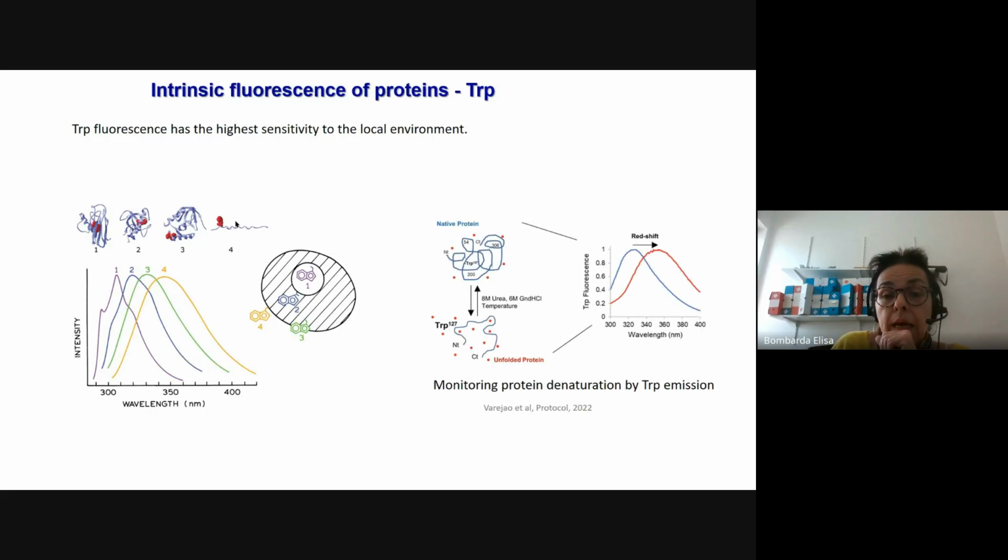A classical use is to monitor protein denaturation: in the unfolded protein, the tryptophan is more easily accessible to the water molecules, and so you have a red shift.